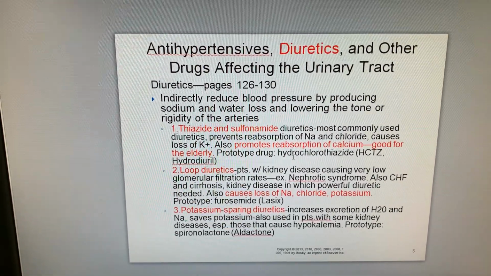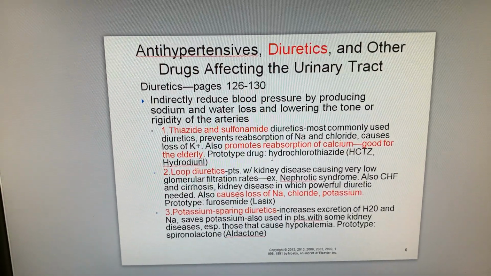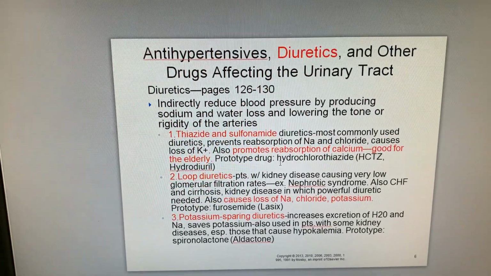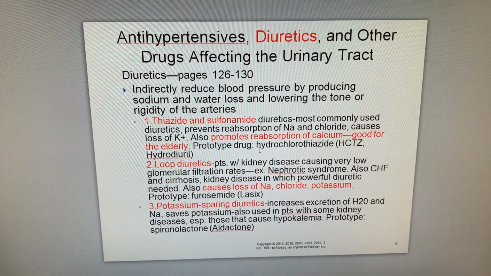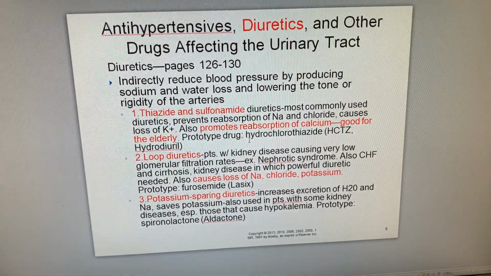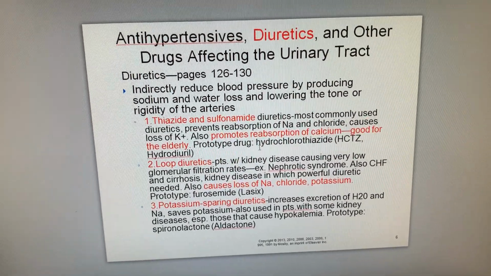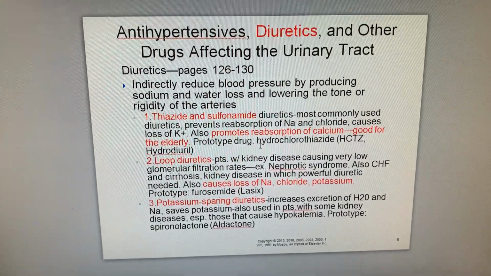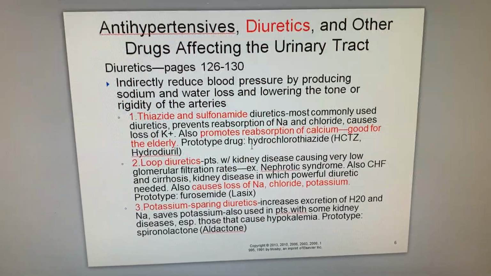So all of these work by getting rid of sodium. Along with the sodium, of course, follows the water, but with the sodium and water, you also get rid of chloride and most of the time potassium. Now the difference in the thiazide and sulfonamide diuretics is that while they get rid of sodium, water, chloride, and potassium, they promote the reabsorption of calcium.